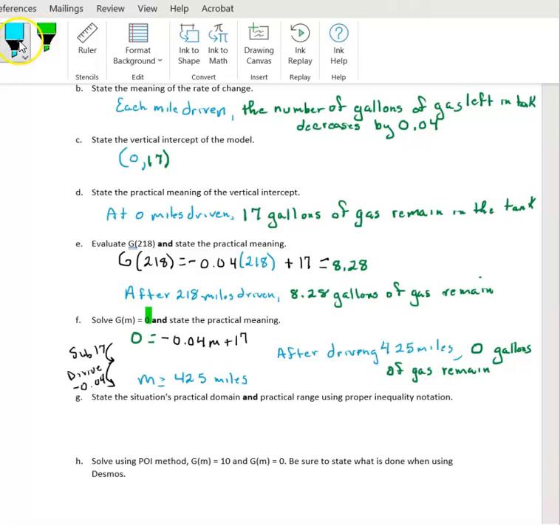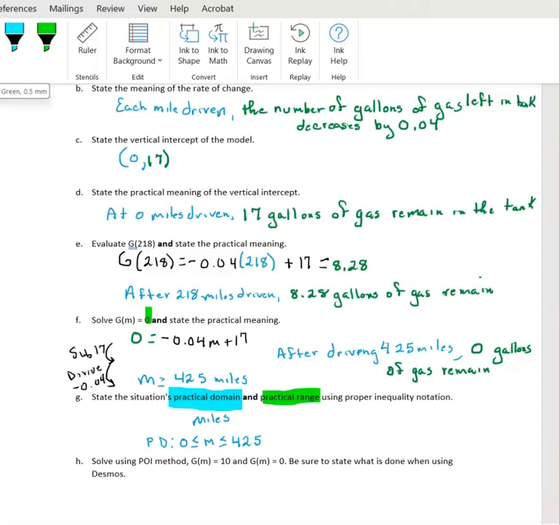So now the practical domain. Remember, domain comes first in the alphabet. The practical domain deals with the number of miles, because that is our input. So the least number of miles is 0, all the way up to and including 425. You could argue 425 should not be included because 0 gallons means you're out of gas, but we're just going to go based on what we see here.